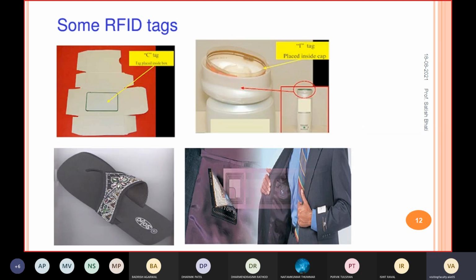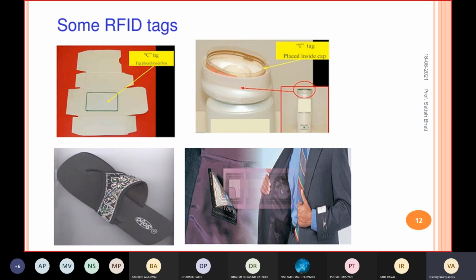right? So here I have shown you some RFID tags. Some tags are pasted on the wrapper or box of the item or object, right? Sometimes they are placed inside the cap. If your object or item has a cap, then sometimes this RFID tag is placed inside the cap, right?